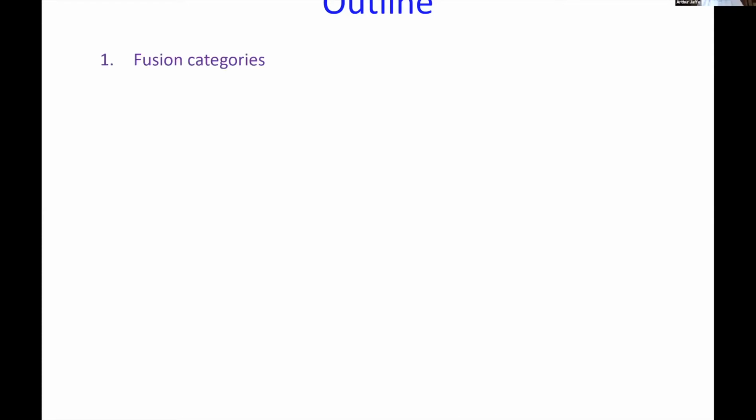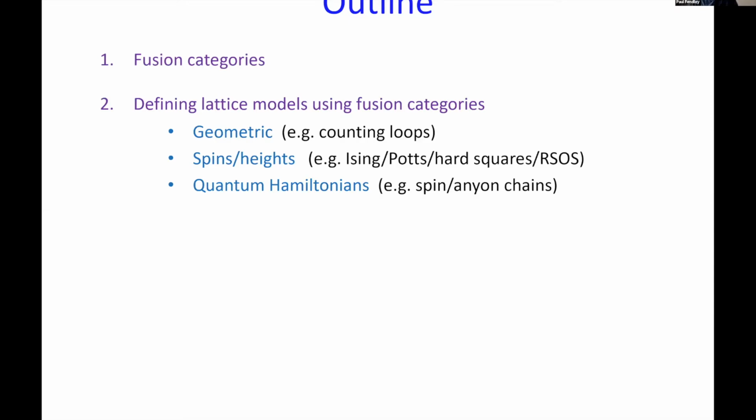In any case, so here's what I'm going to talk about. I'm going to tell you what fusion categories are, since maybe not all of you know, and tell you what they're good for. I'm going to tell you how to then define these lattice models using them. And these are the types of lattice models, and that's flashed for people who know that already. I'll explain what these things are when we get there, except I won't say anything about quantum Hamiltonians, but everything I say can be ported over to that case.